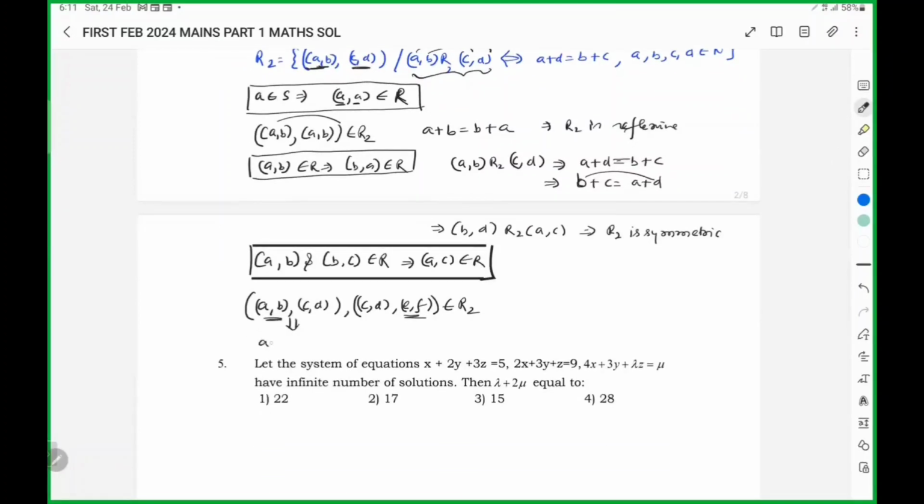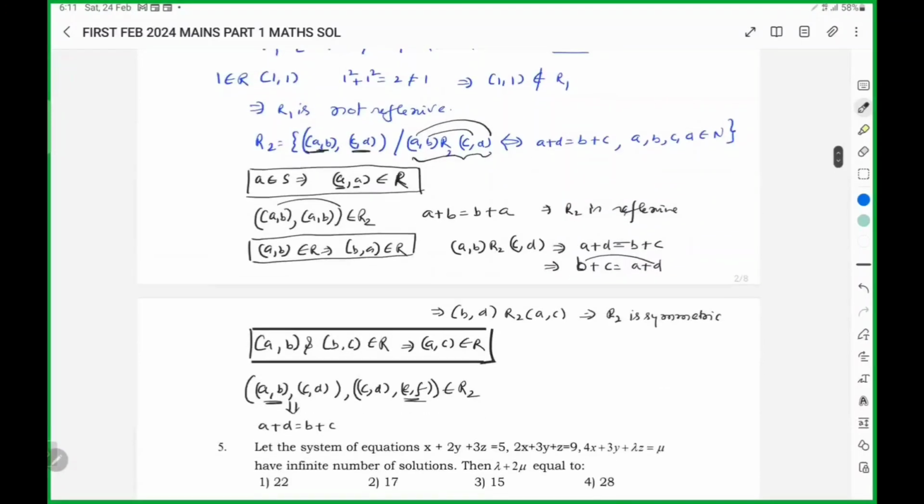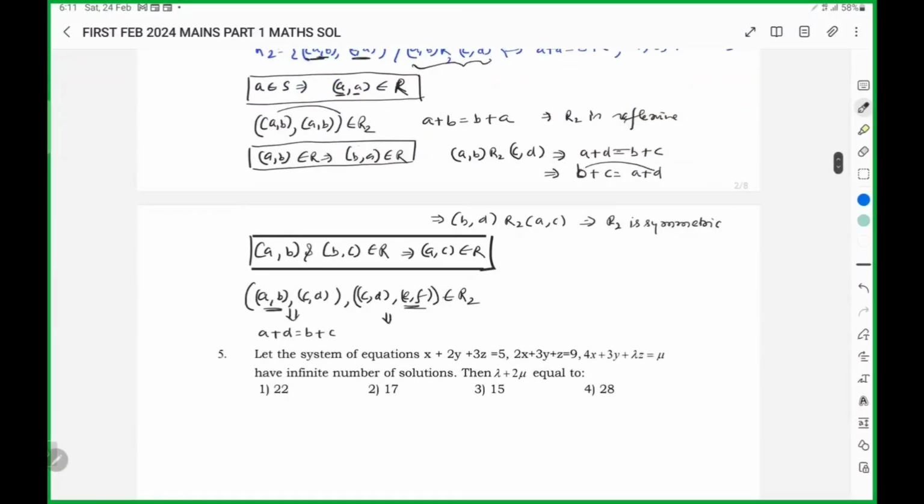From this I can say A plus D equals B plus C, because once they are in the relation, they have to satisfy the definition of R2. Here C plus F is D plus E. Say this is the second equation.